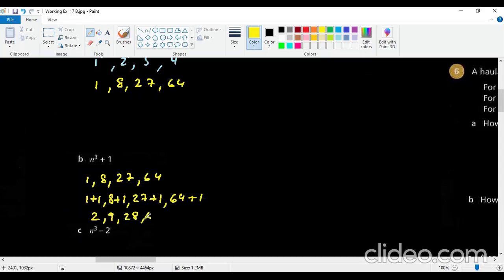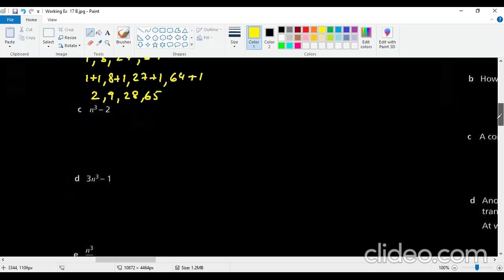Then comes n cube minus 2. That means 1 cube minus 2, 2 cube minus 2, 3 cube minus 2, and 4 cube minus 2.